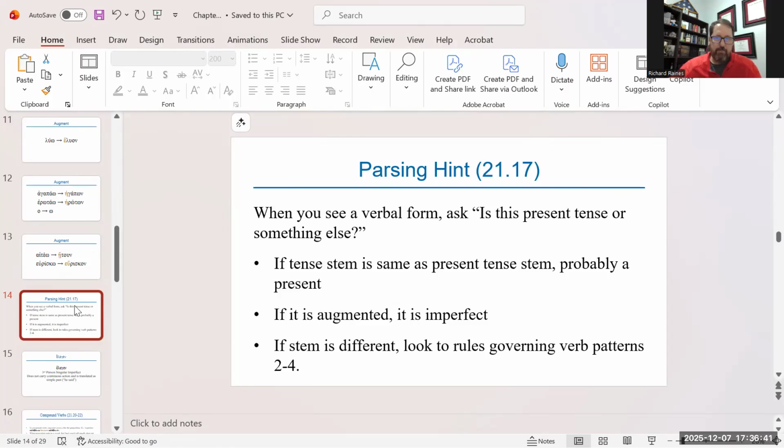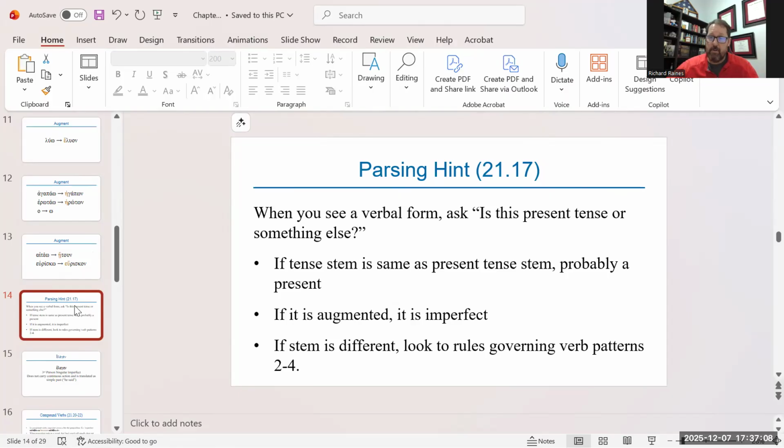Okay, I see this verb. Is this a present tense or is it something else? If the endings and everything alert you to the fact that the tense is the same as a present tense stem, then it's probably present. You're probably safe to translate that word in the present. If it's augmented, if you see an augment, it's going to be imperfect.